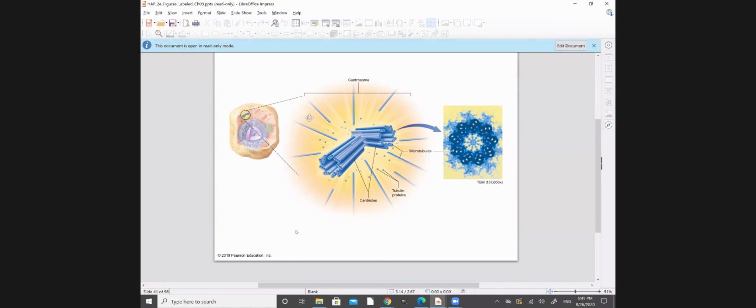Now we are moving to the cytoskeleton. Again, I would repeat that it's a framework that gives the shape and size of the cell. It's usually made out of proteins arranged in a certain way.